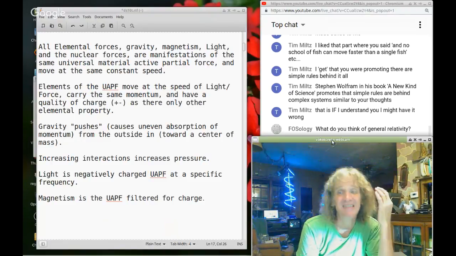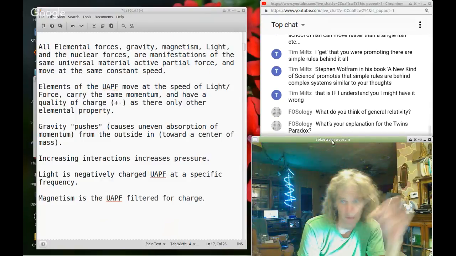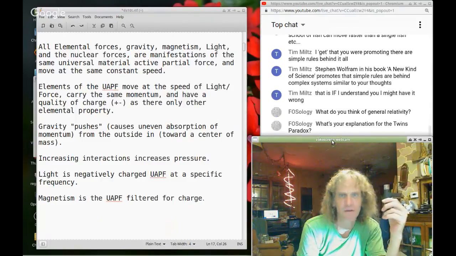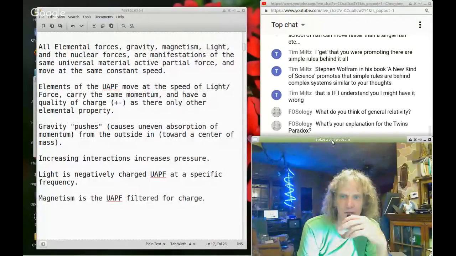How is that simple? 168,000 ethers. A human ether, a frog ether, a dog ether. It's just nonsense. That is, if I understand you, I might have it wrong. Yes, you have it wrong. They don't understand the word simple at all.